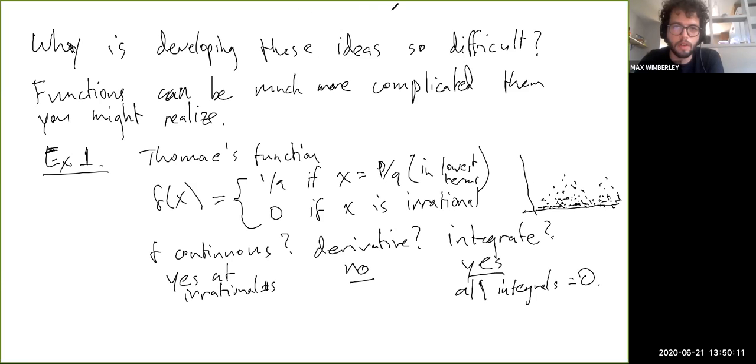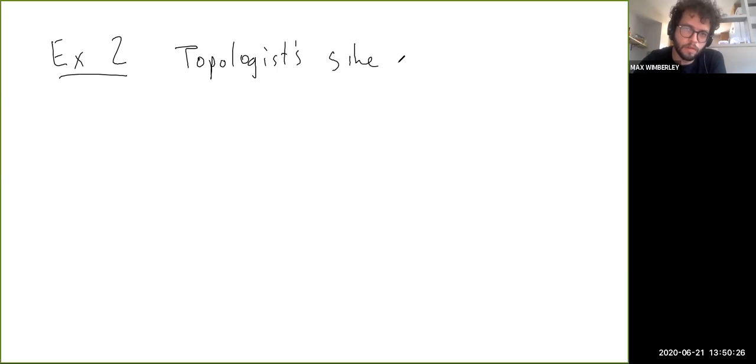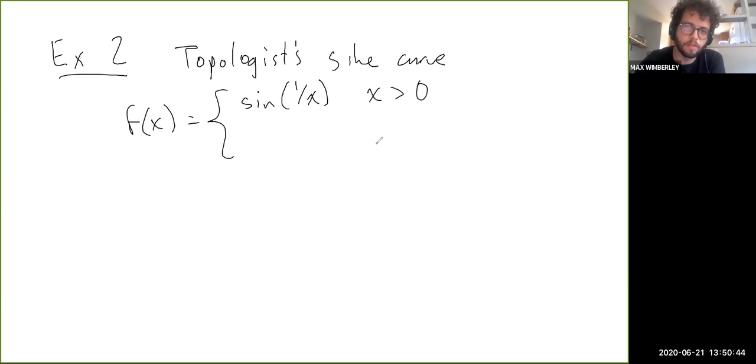Let me just clear. So here's my second example. This thing called the topologist sine curve. So this is the function f of x, and it doesn't really matter what we do at x equals 0, but I'll just make it be 0 at x equals 0.